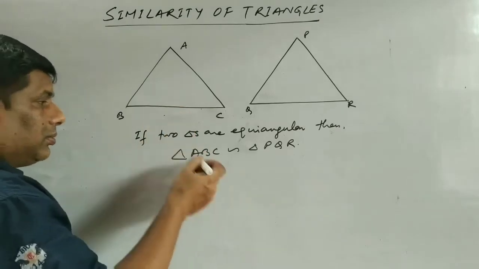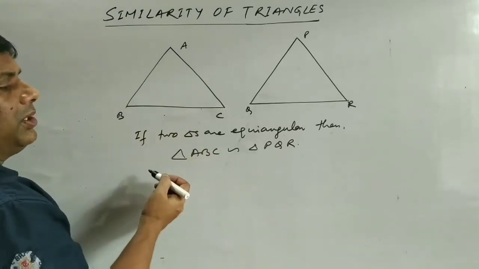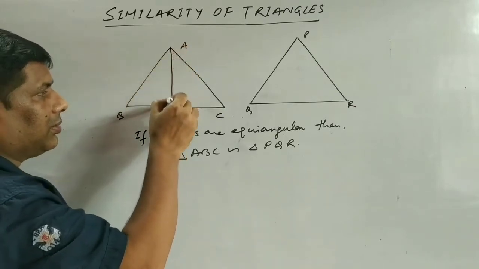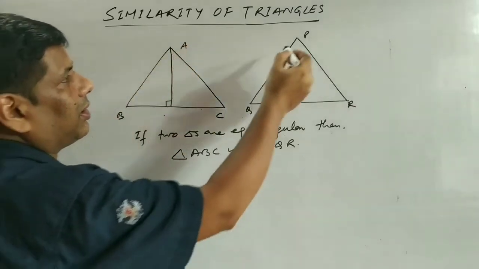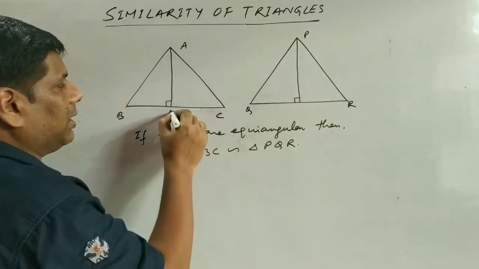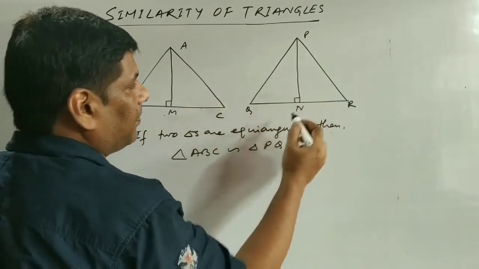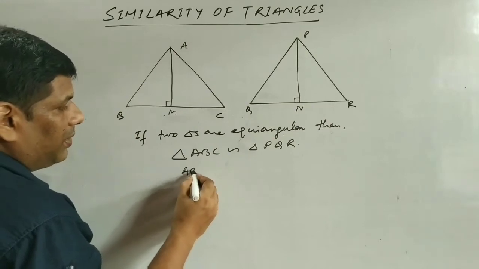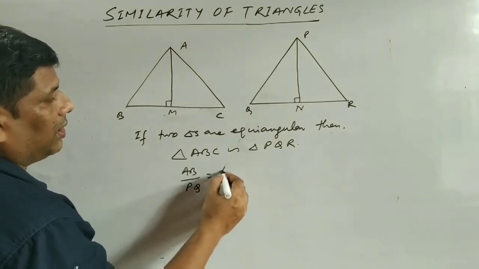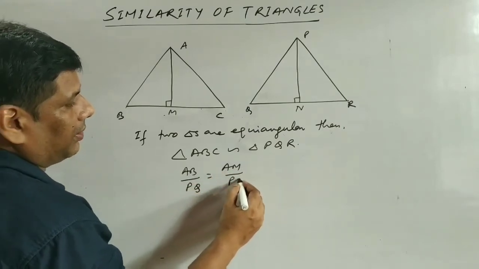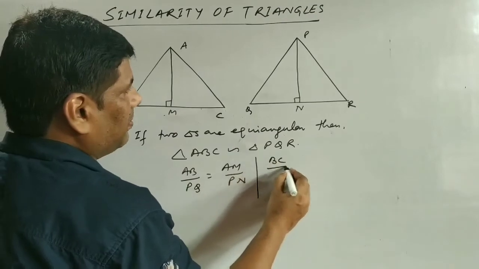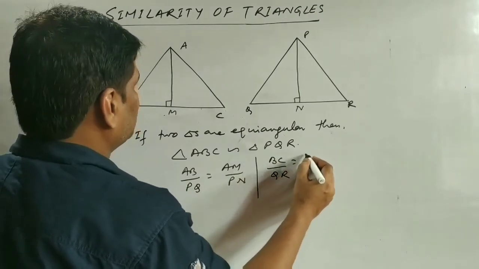That means if these are similar, then their perpendiculars, in the first case, if this is the perpendicular AM and PN, then AB by PQ can be written as AM by PN, or we can write BC by QR is equal to AM by PN.